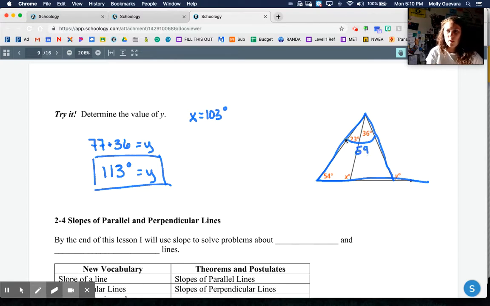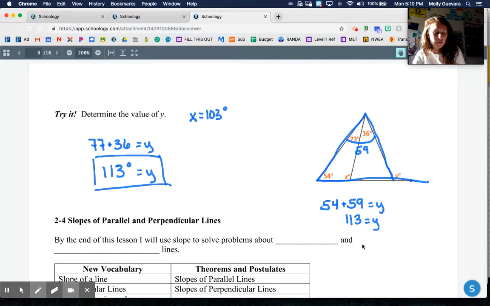Okay, so that whole angle is 59, and you could have done it that way too. 54 plus 59 equals y, and I get 113 equals y. So you could have looked at it as one big triangle, or you could have broken this down into two smaller triangles. So a lot of these problems have multiple ways that you can solve it.